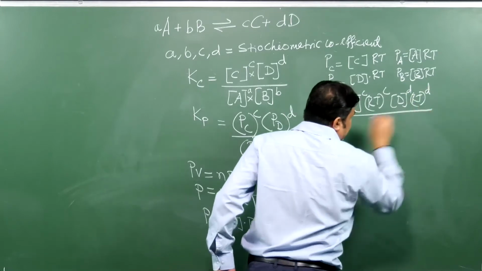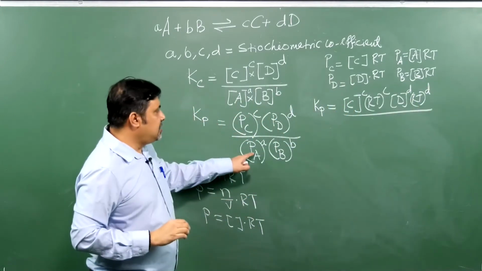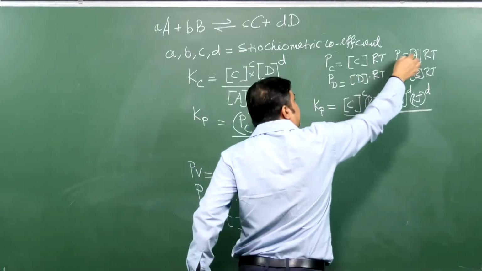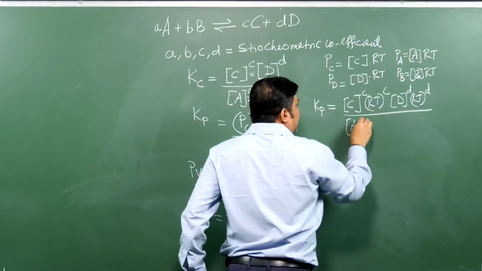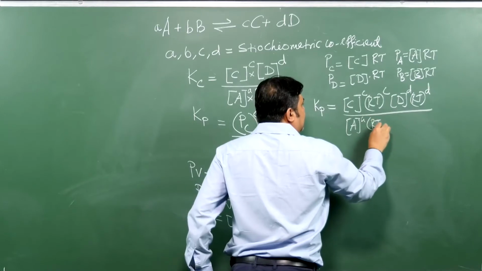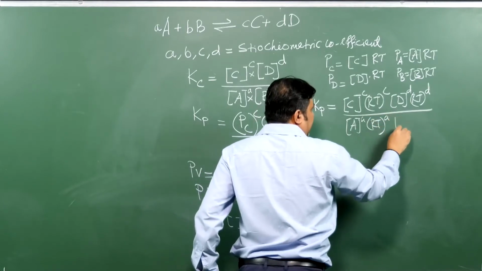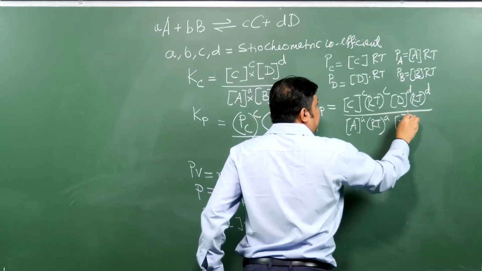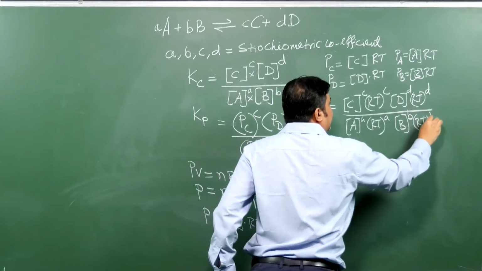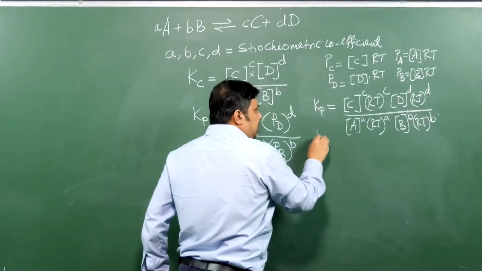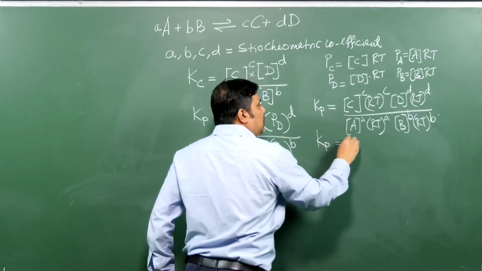This is the Kp expression. Similarly PA and B can also be written this way. Now on rearrangement, I can write it like this.